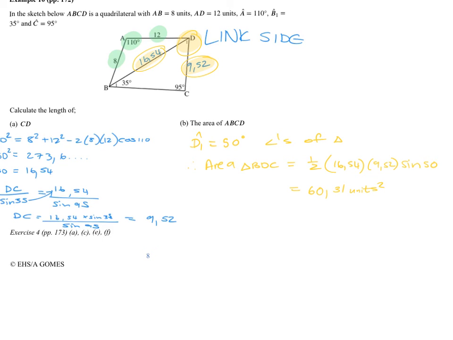And then we need to work out the other triangle's area, but that's easy because we already have side, included angle, side. So the area of triangle ABD is equal to half of 8 times 12 sine of the included angle. And that gets us to 45,11 units squared.